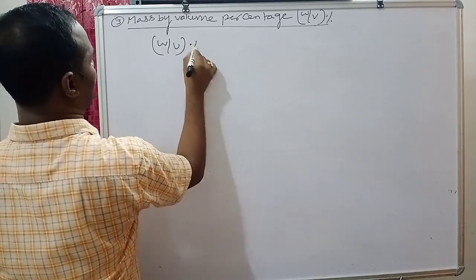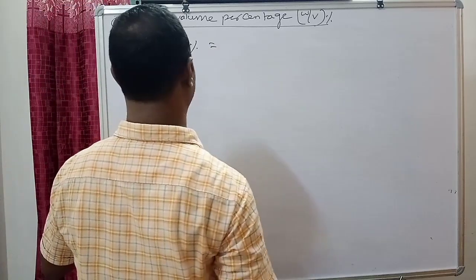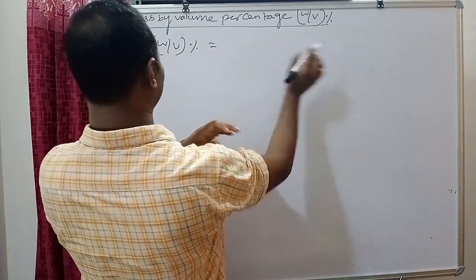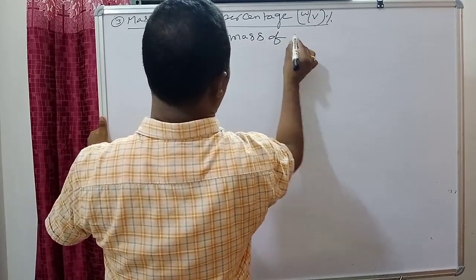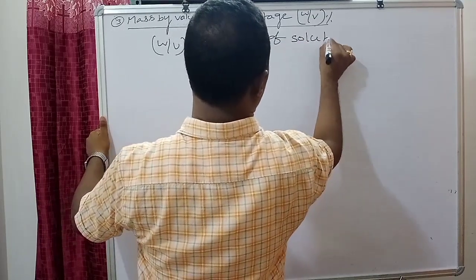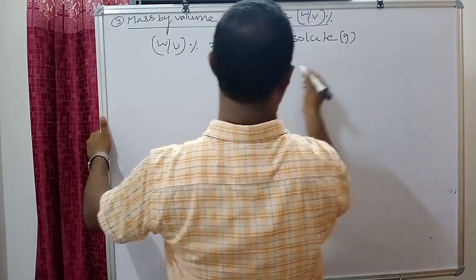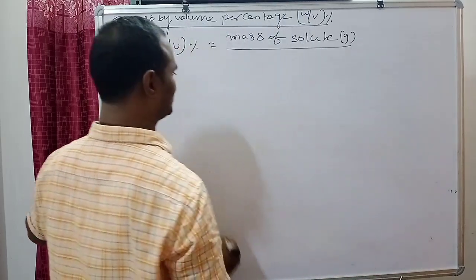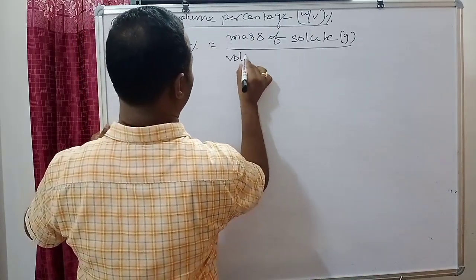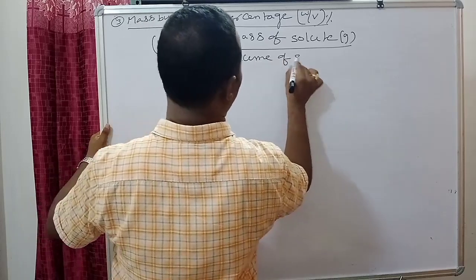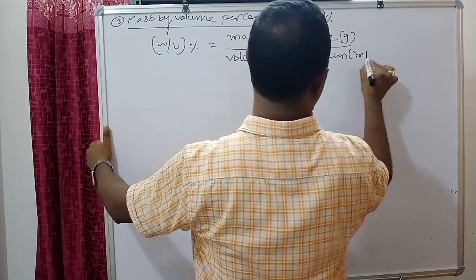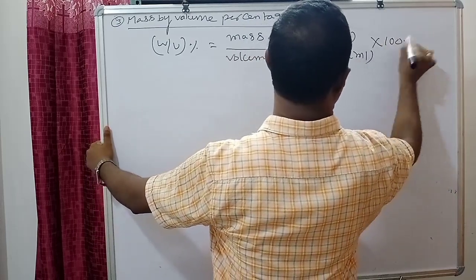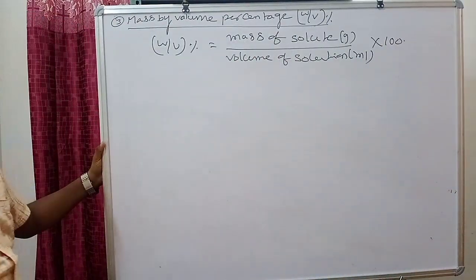W by V percentage is equal to mass of solute in grams by volume of solution in milliliters into 100.